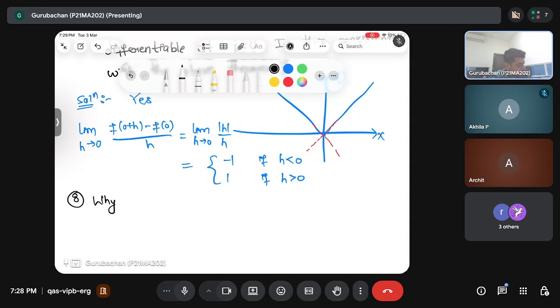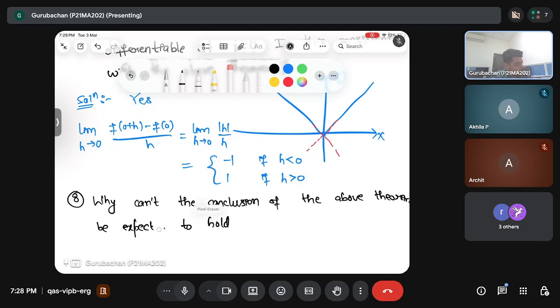Why can't the conclusion of the above theorem be expected to hold if c is an endpoint of the function domain?